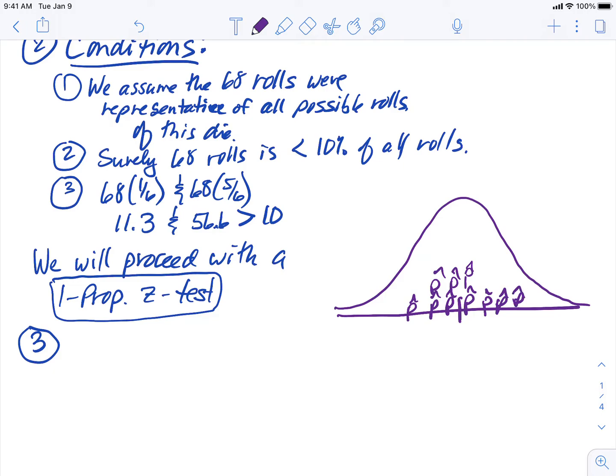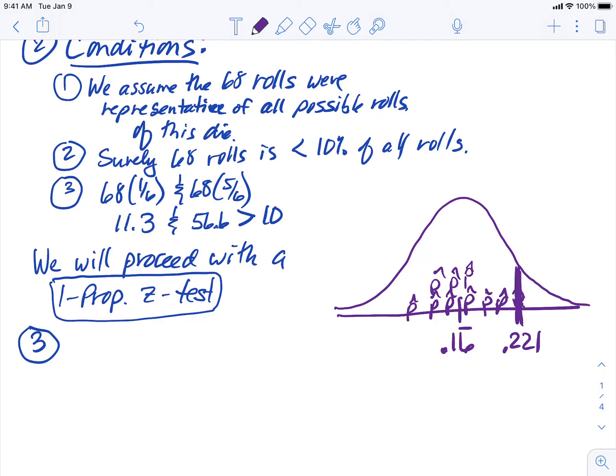So of all these p-hats, one of them turned out to be the one we got, which was 22%. But the mean is going to be the true proportion, which is 0.16 repeating. That was our 1/6 from our null hypothesis. And the one we got was 22%. It's out here, 0.221. And we would like to know the probability of landing as far as we did, or even farther, if the null hypothesis was actually true.